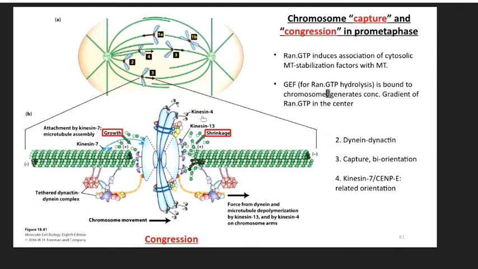Also, in the shrinkage side, as kinesin 4 and kinesin 13 are involved, the dynein-dynactin activity basically takes these whole sister chromatids towards the minus end. So both of these activities are working towards this end. And here, these sister chromatids are being pushed by the growth of this plus end by stabilization with the help of kinesin 7.